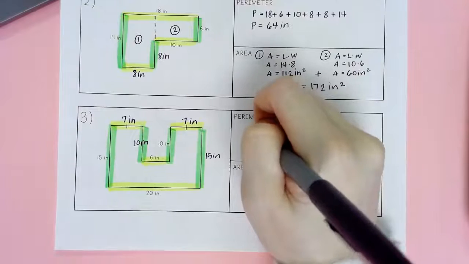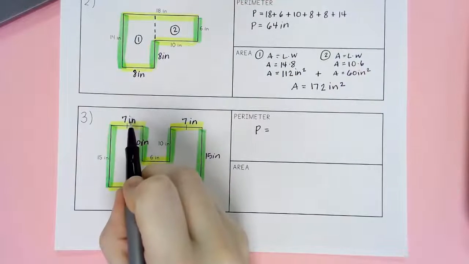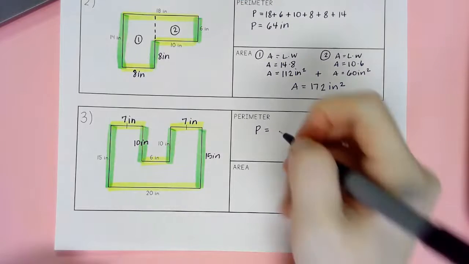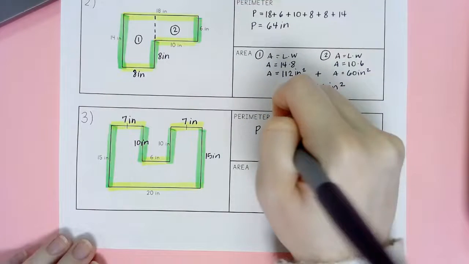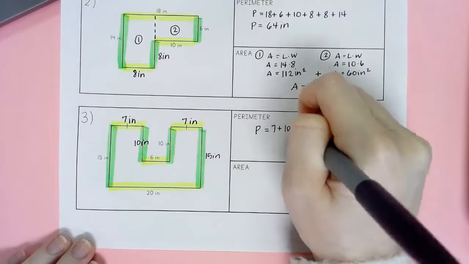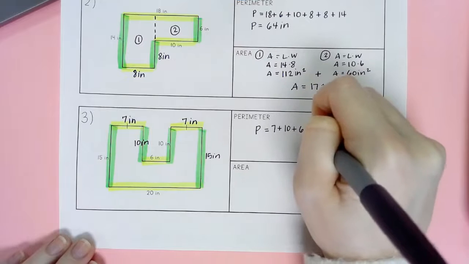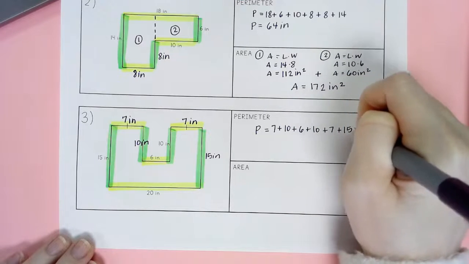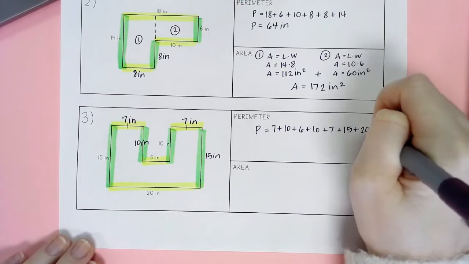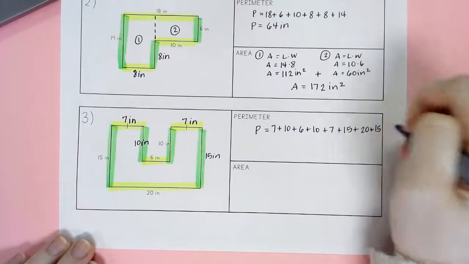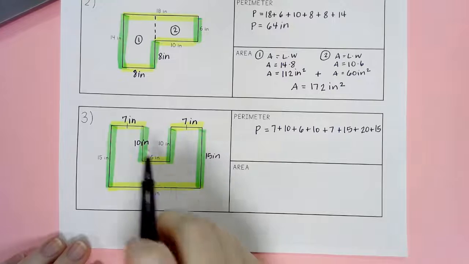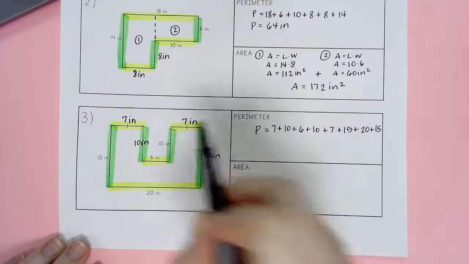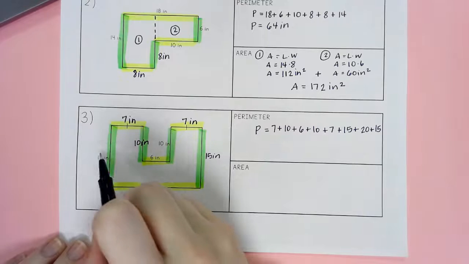Perimeter equals, again, I'm going to start at the top, and I'm going to work clockwise around my U. So 7 plus 10 plus 6 plus 10 plus 7 plus 15 plus 20 plus 15. Whew, that's a lot. So 1, 2, 3, 4, 5, 6, 7, 8.